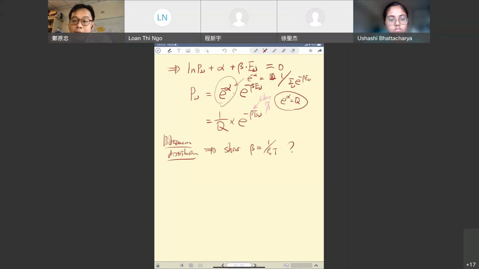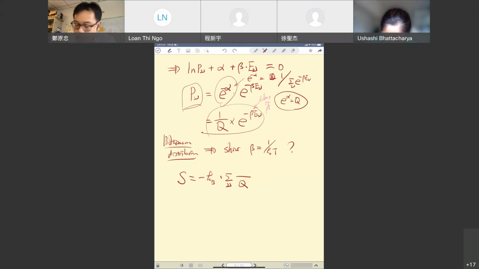And to do this, we need some thermodynamics. So first, let's calculate the entropy of this new distribution. The entropy will be minus kB times the sum over nu of the probability, which is now exponential minus beta E nu divided by Q, times the natural log of that probability.